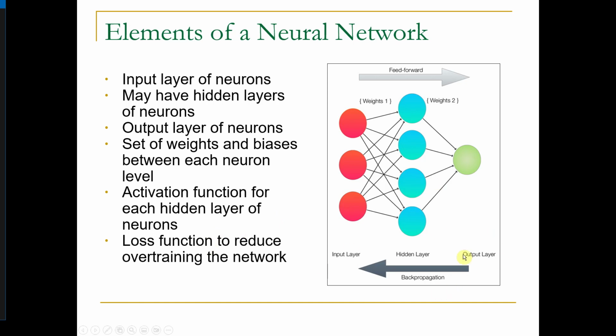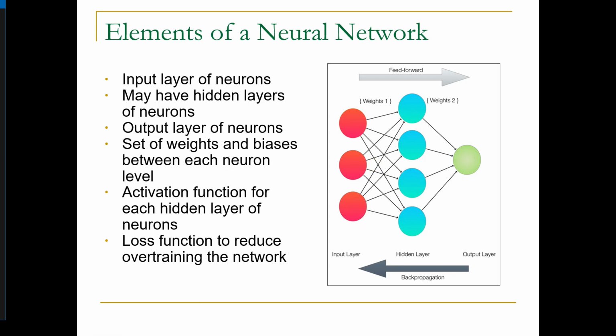This loss function is used to train the network via a process called backpropagation. Based on this loss, we're going to backpropagate this error back to the input layer, and we're going to adjust the weights or the strength of each input.